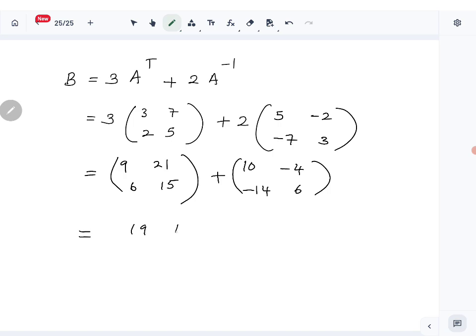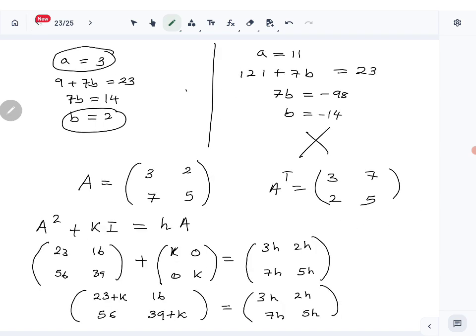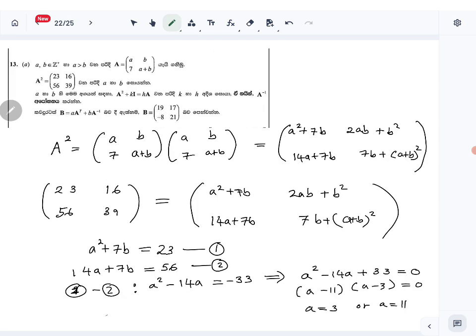So 19, 17, minus 8, 21. Right. Let's see if that is what we want to show. Yes, 19, 17, minus 8, 21. Right. So that is the matrix part of the question. Then we'll do 13 part B and C, the complex number part.